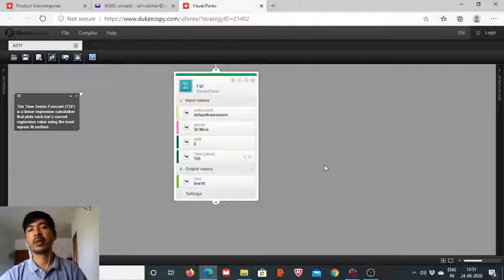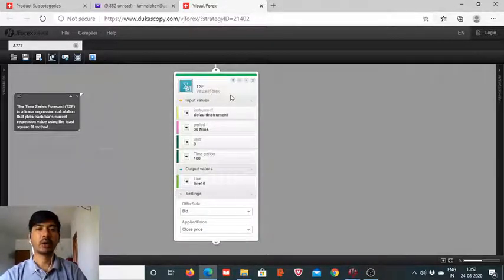If we make it 100, you will have the time series forecast plotted on the 100 time period of 30 minutes each. That means we are taking into account the last 50 hours data. The output value you get, you can use for various conditions which need to be defined, or even you can use this for calculations in the calculation expression block.